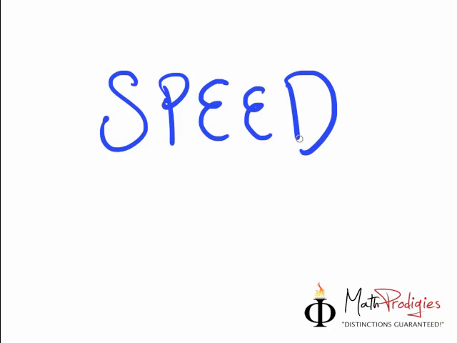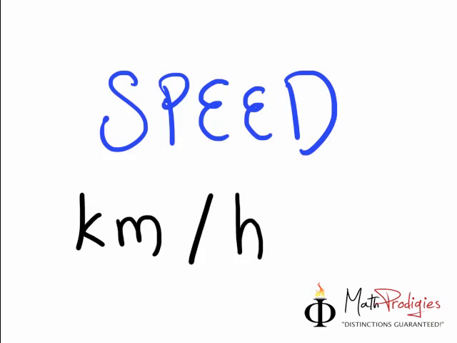Anyways, this can also be written in the form of kilometers per, or divided by, hour. Why do we call it divided by? Because as you remember, I told you before, something that looks like 3/4 can also be written as 3 divided by 4. So with that, you can already tell what the formula for speed is.